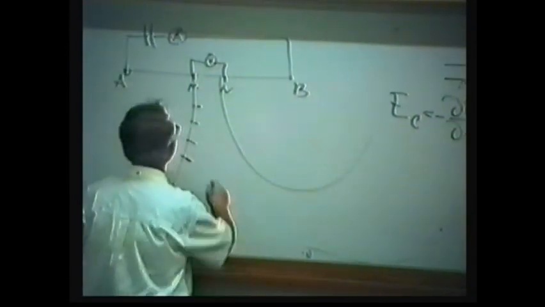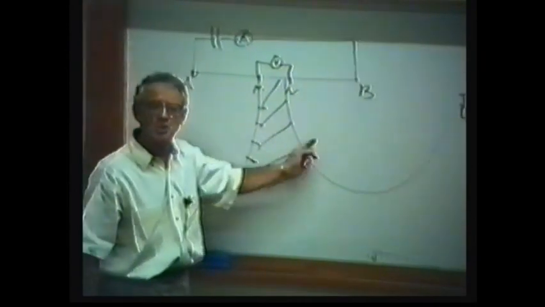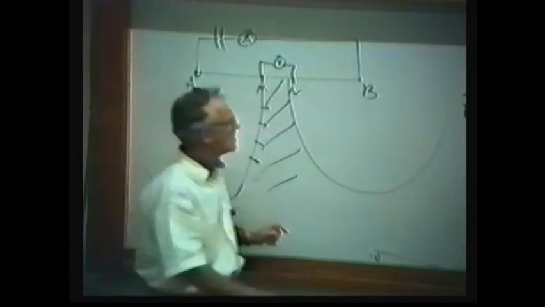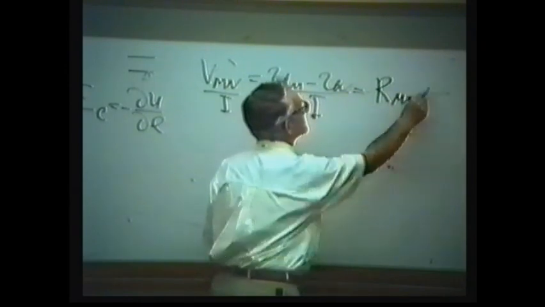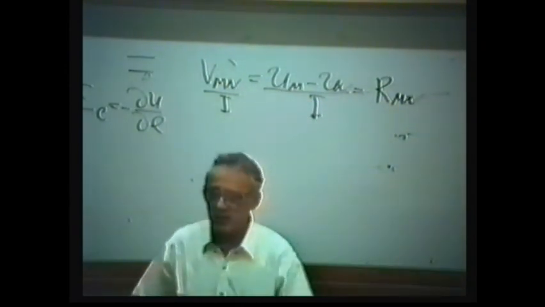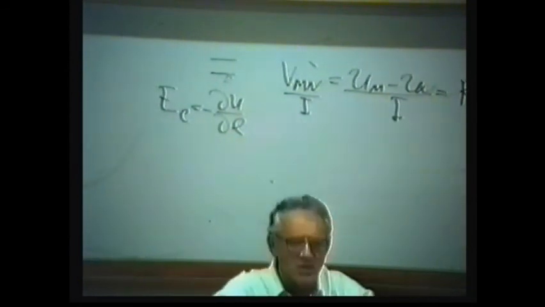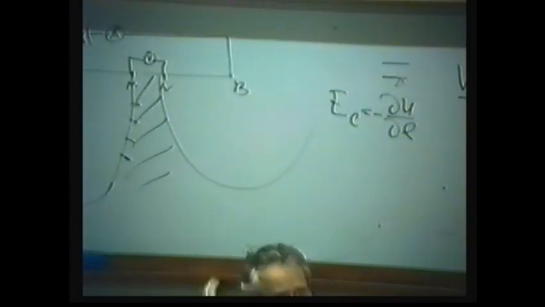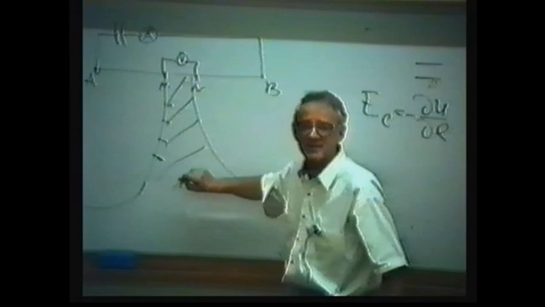We always measure resistance between two equipotential surfaces which are going through the electrodes. So when you are in the field and measure current in line AB and voltage in MN, and then divide, you determine the resistance of this medium.